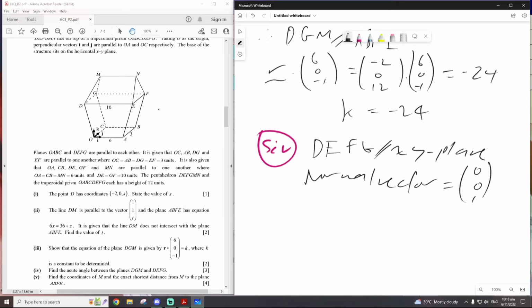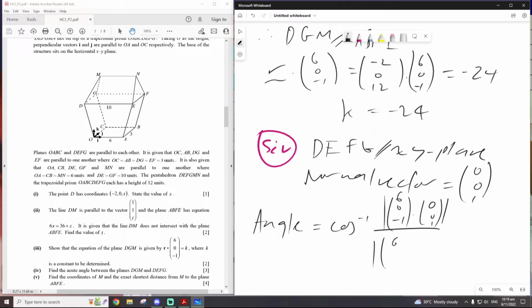So when you're comparing plane and plane or line and line, it is cosine, and if you're comparing line and plane, it is sine. So basically the same type of object will be cosine, different object will be sine. So this is cosine inverse of, you dot the two normal vectors. So the normal vector to DGM is (6, 0, minus 1), right? So (6, 0, minus 1) dot (0, 0, 1), then divide by the mod of both vectors.